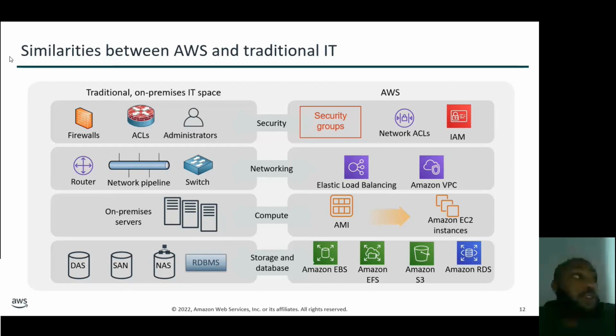Now, instead of the traditional world where you have firewalls, in AWS or in the cloud you have something known as security groups, or we also have network ACLs, where they help us do the same functionality as software, managed by AWS, and it's just as simple as a few clicks and configuring it.